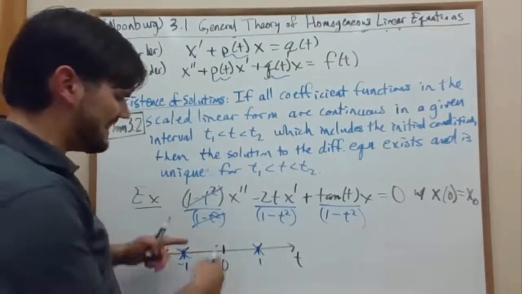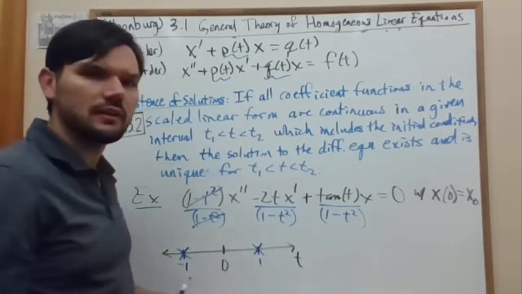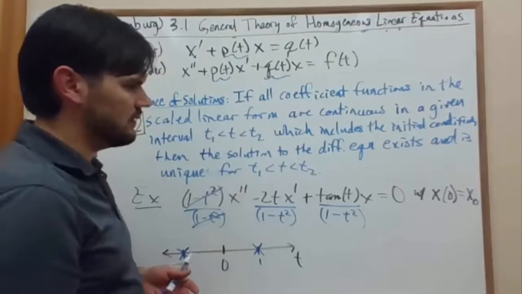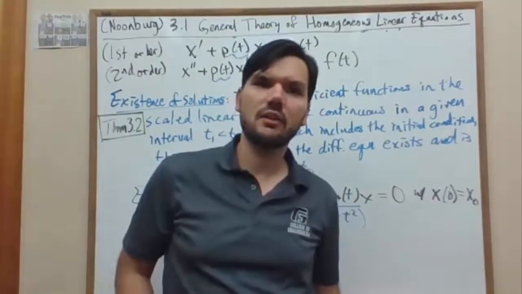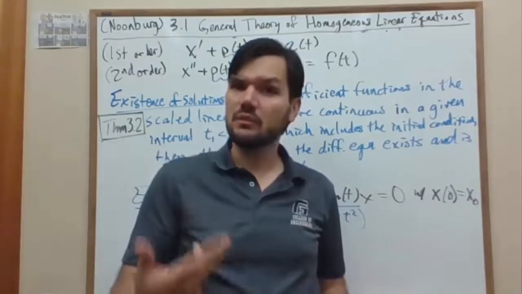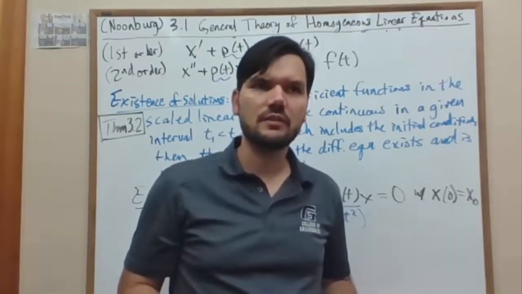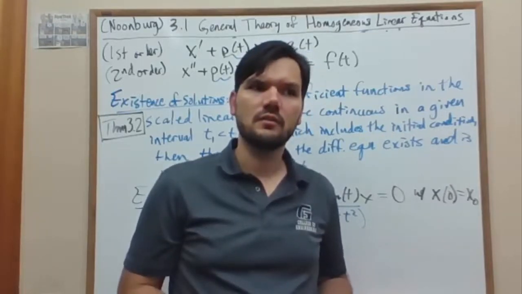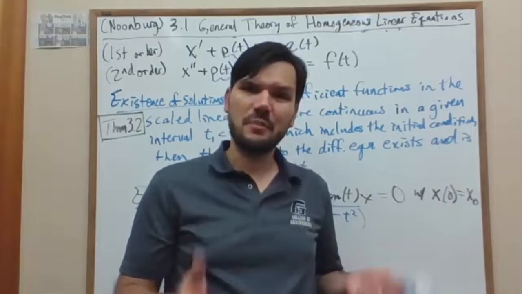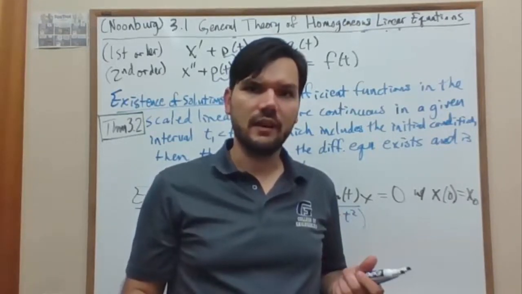Okay, so we know that the interval of solution can be no bigger than negative 1 to 1. But let's see if there's any more restrictive conditions. What about tangent? Tangent is equal to sine over cosine, and cosine is equal to 0 at various values. Tangent also blows up. But where are those values? Pi over 2, negative pi over 2, 3 pi over 2. Actually, it's pi over 2 plus multiples of pi, right?